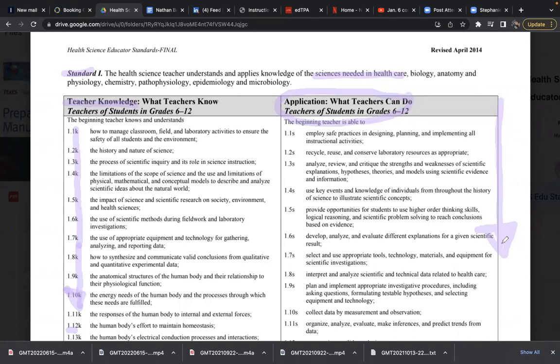So what would it look like? On the left-hand side, you have to know how to manage classroom, field, and laboratory activities to ensure safety. So we're talking about safety procedures in all of the various environments that you will be in. For a health science teacher, that might be varied.